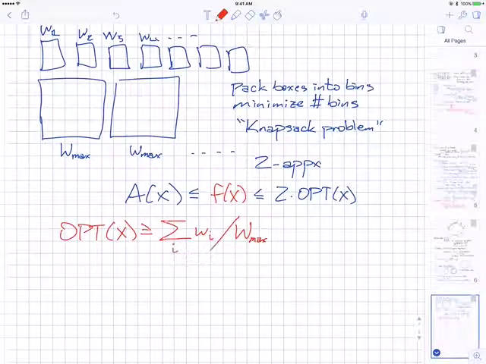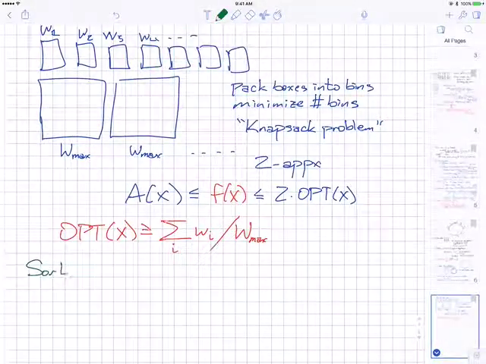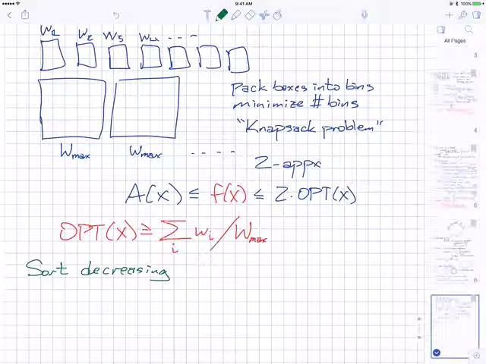So, what would you do if you had to solve this problem? Okay, sure. Why not? Let's sort, up or down. You know, decreasing weight. Okay.